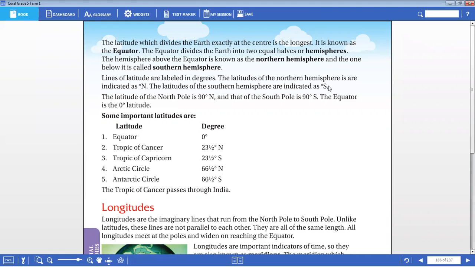The latitudes of the northern hemisphere are indicated by degrees N. These latitudes are horizontal lines present above the equator, in the northern hemisphere.